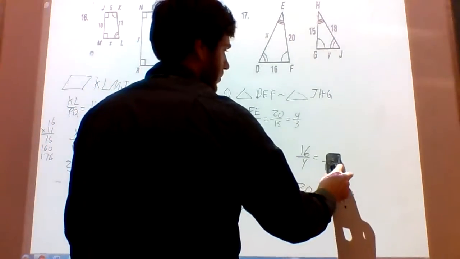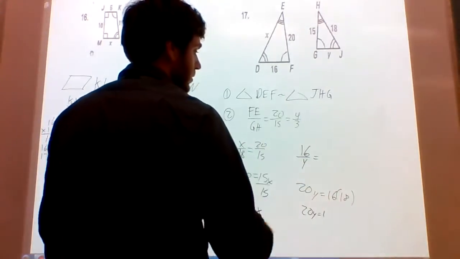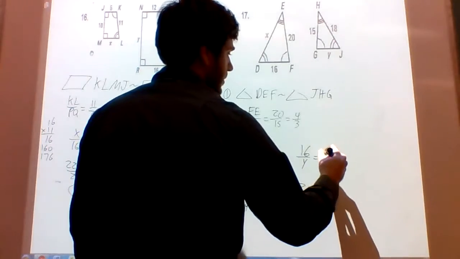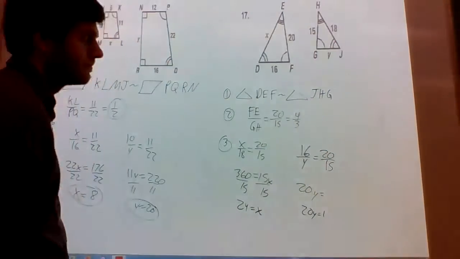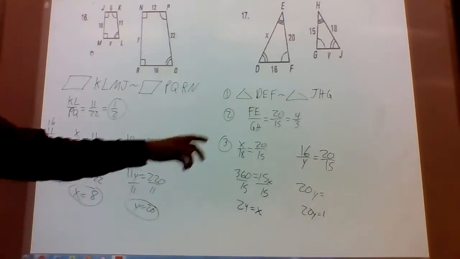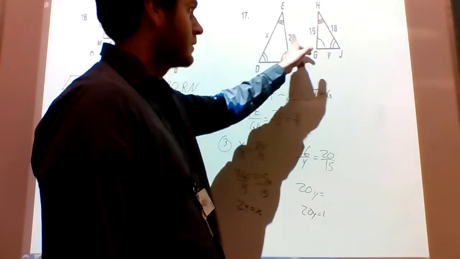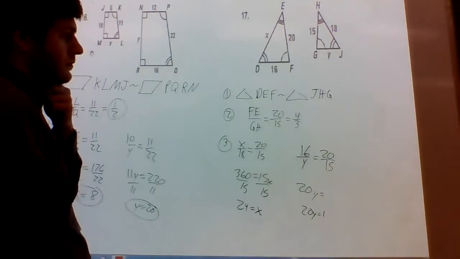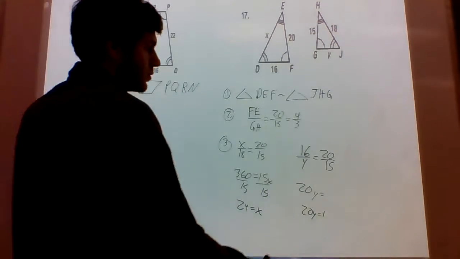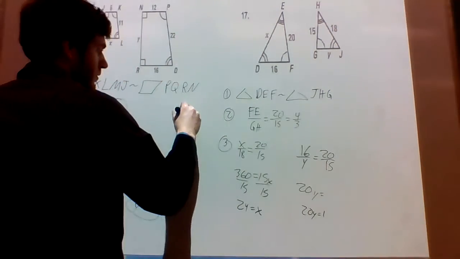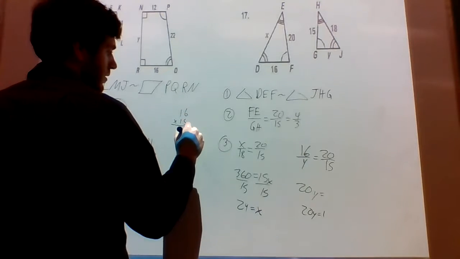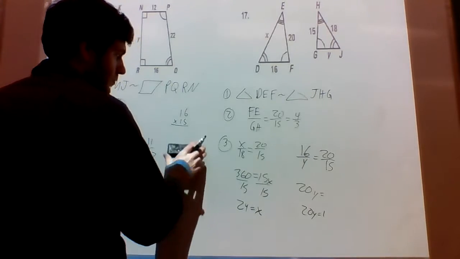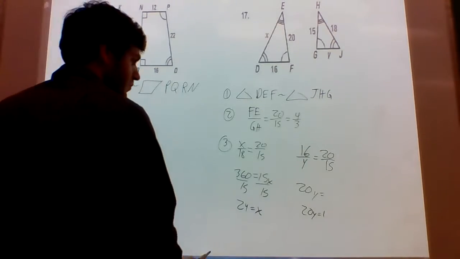I'm sorry. I fully apologize. 20 over 15. Okay. 16 is to y as 20 is to 15. 20y, so 16 times 15, which is 30 times 8, which is 60 times 4, which is 120 times 2, which is 240.